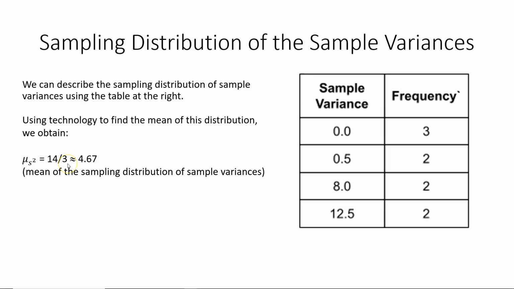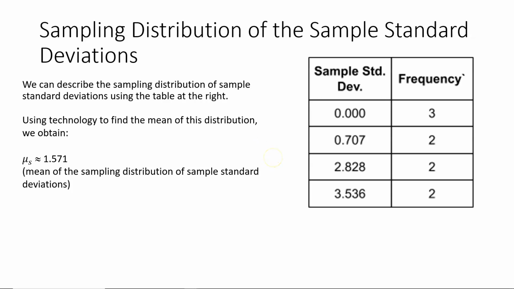Notice that that matches the variance of the original population. Okay, so keep that in the back of your mind, that that is the same as what we saw for the original population. So the mean value of the sampling distribution of sample variances does match the population variance that we found earlier.